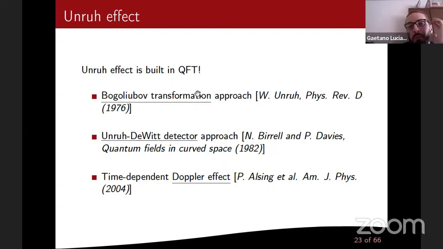The Bogolyubov transformation approach, which is the original approach used by Unruh, but there are also many other approaches. For instance, you can use the Unruh-DeWitt detector approach. You can also involve this time-dependent Doppler effect. This is a pedagogical work by Alsing et al. So this is just to try to convince you that although we don't have experimental evidence, the Unruh effect is a fundamental ingredient of quantum field theory.